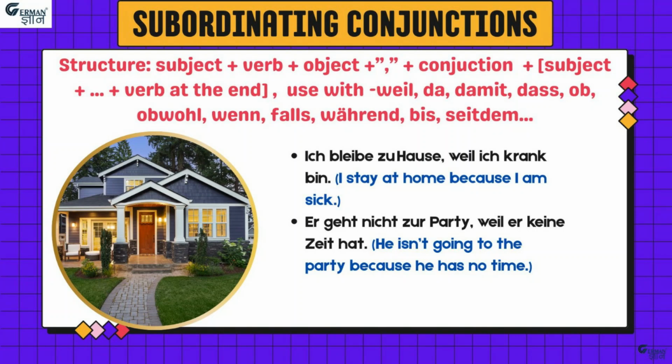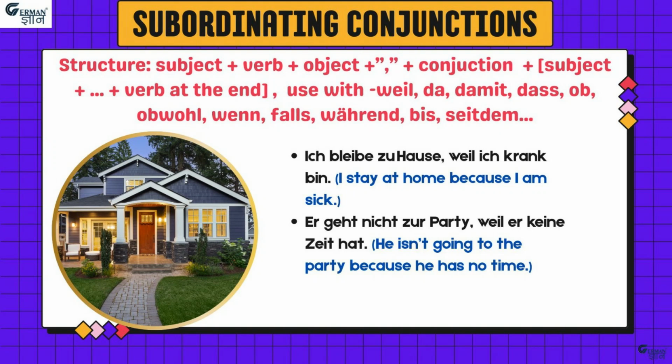Now the connectors which follow this sentence structure are weil, da, damit, dass, ob, obwohl, wenn, falls, während, bis, seitdem. For example, ich bleibe zu Hause, weil ich krank bin, means I stay at home because I'm sick.